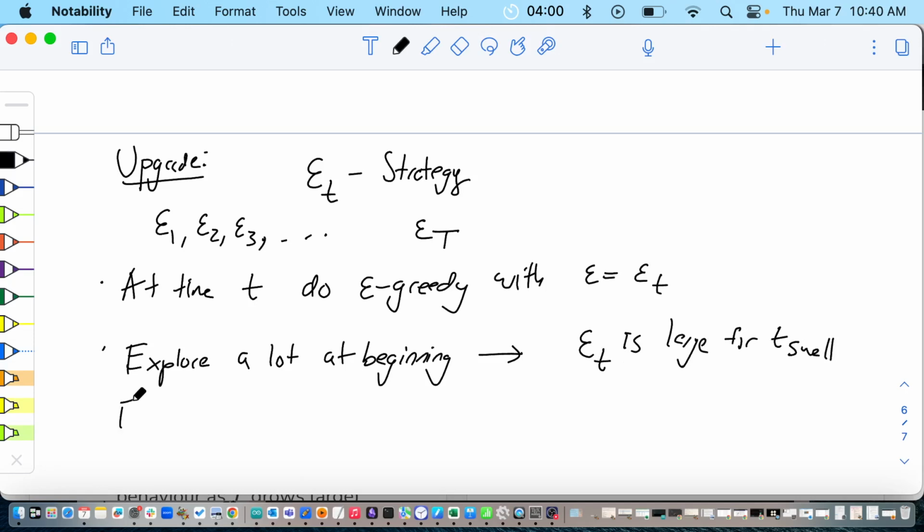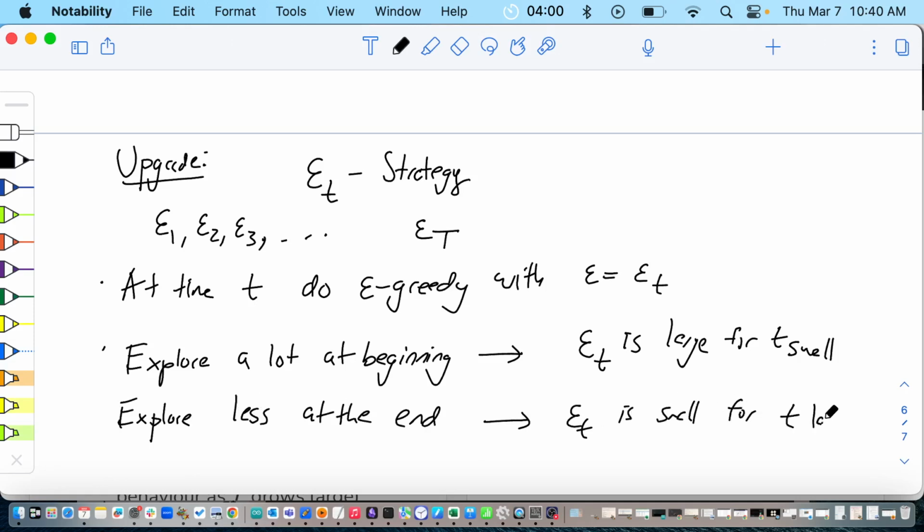And explore less at the end, and that will correspond to epsilon t being small for t large. So as t gets close to capital T, epsilon t will get small. You'll explore less and less, and you'll exploit more and more. So this is a fantastic idea.